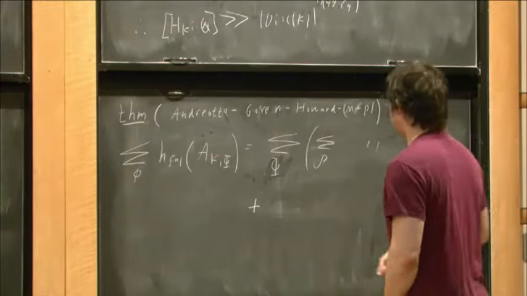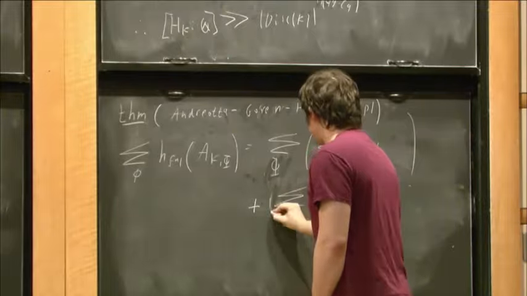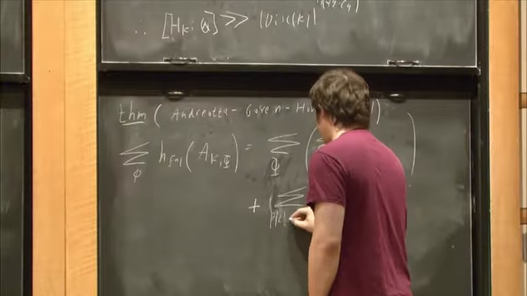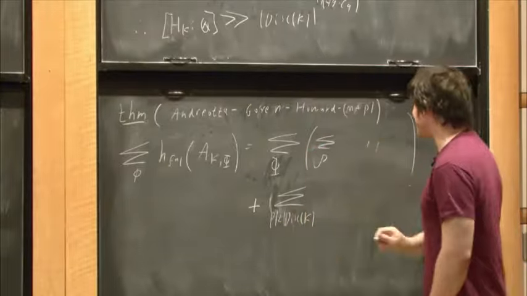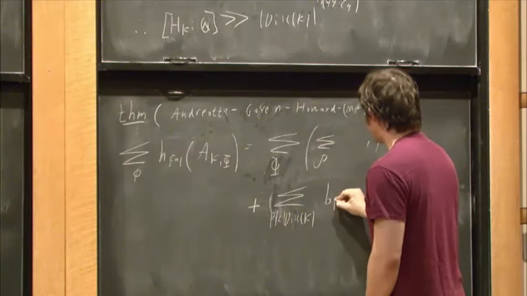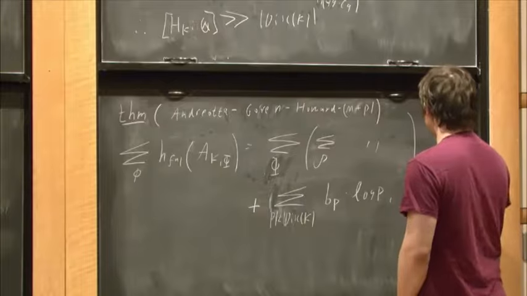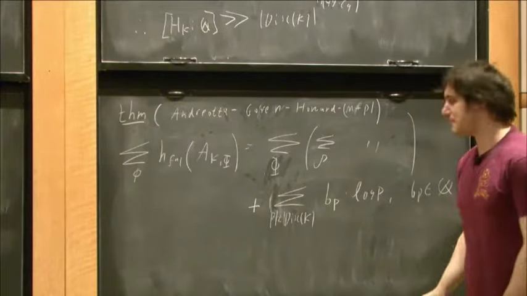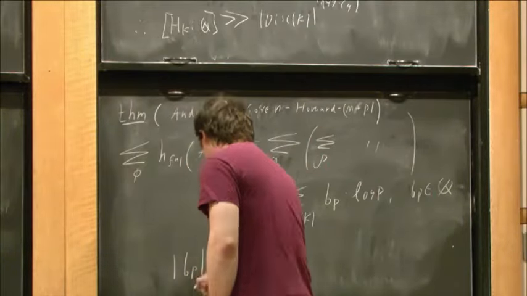So they get the following theorem, plus, at primes dividing twice the discriminant, they're off by rational multiples of log p. Okay, and so they can now show that they aren't off by too much.